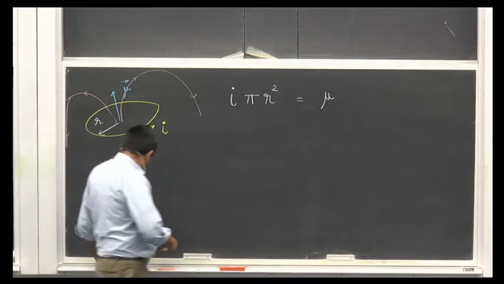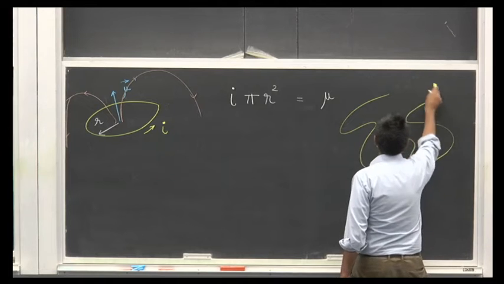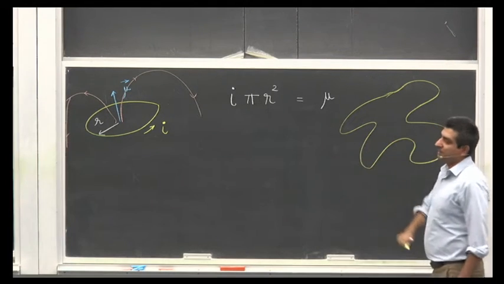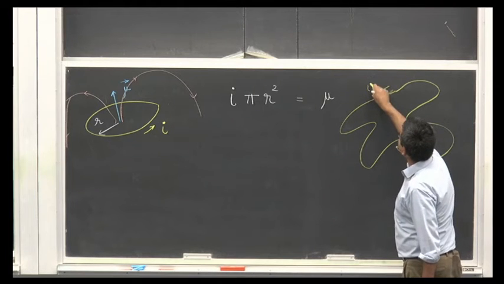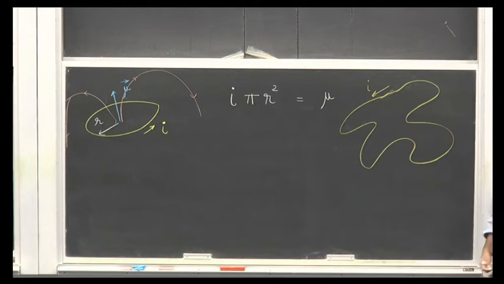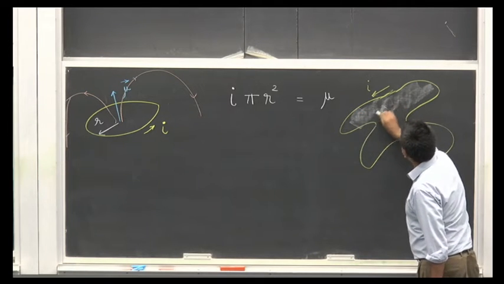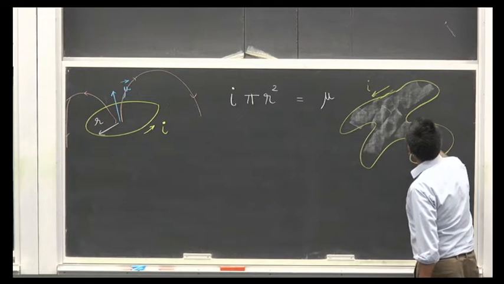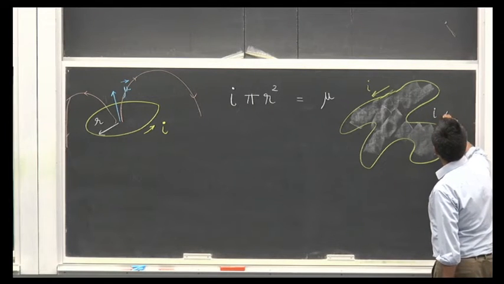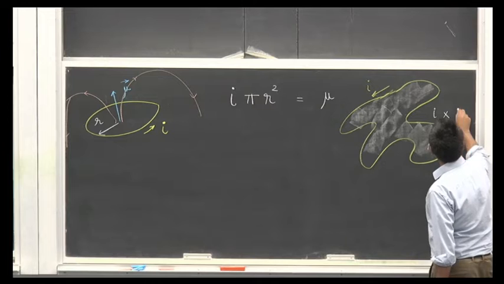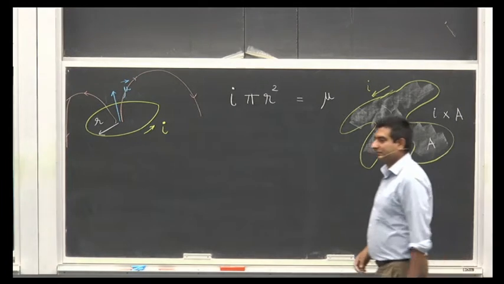If I have a loop like this, like an amoeba, this is my current. And I just take this area here. I multiply I with this area A. That would be the magnetic moment. Why?